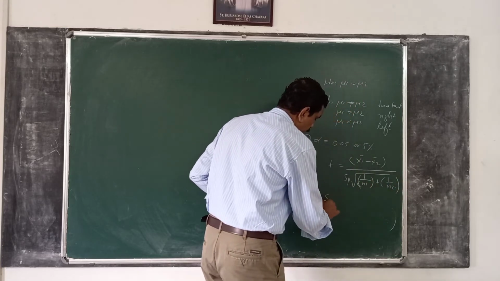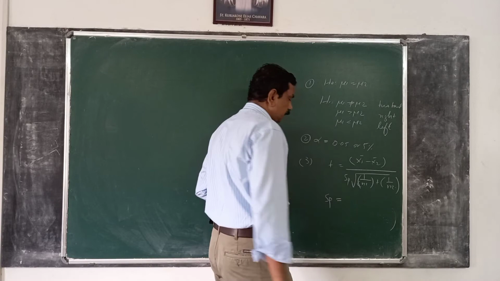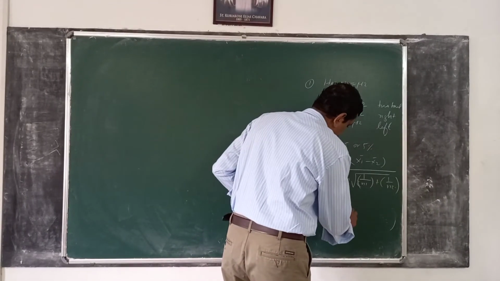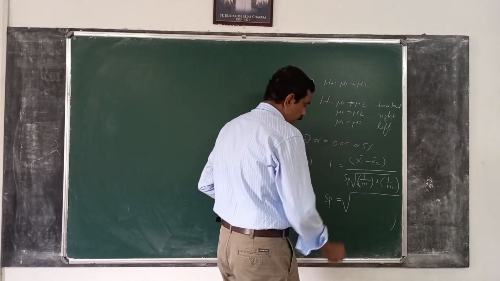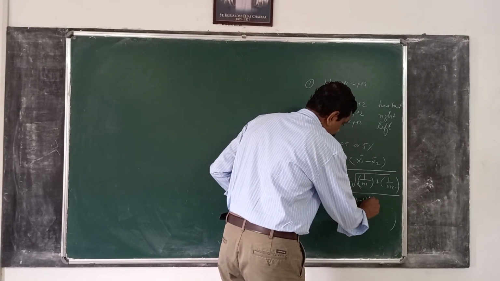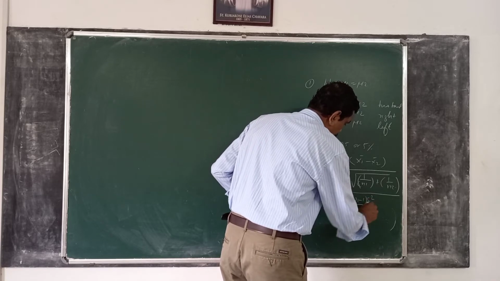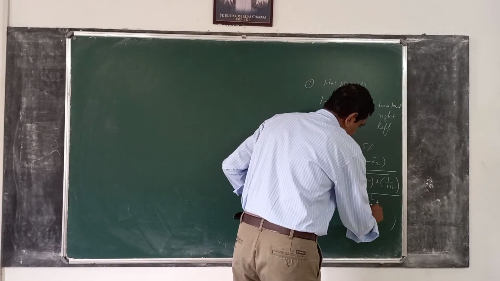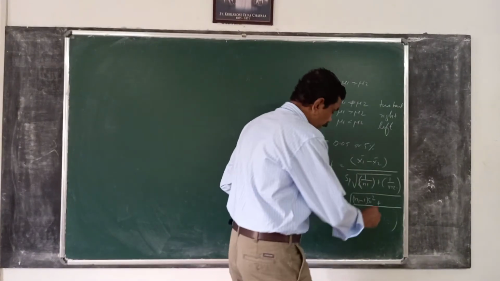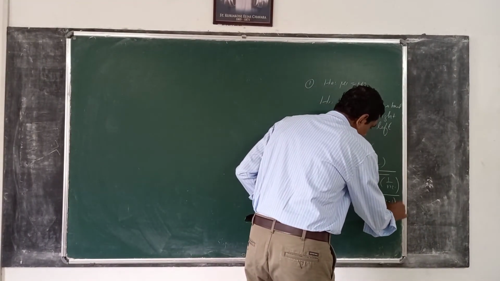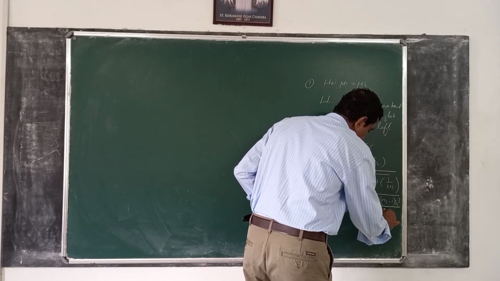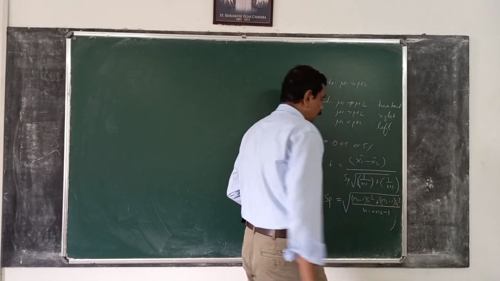And as we have just suggested, SP is equal to root of (n1 minus 1) into s1 square plus (n2 minus 1) into s2 square, divided by n1 plus n2 minus 2.